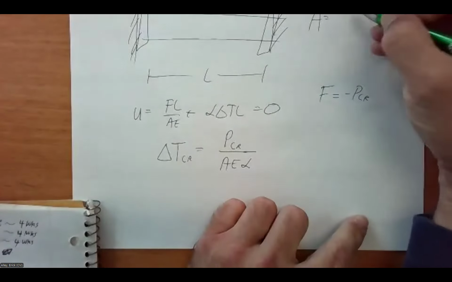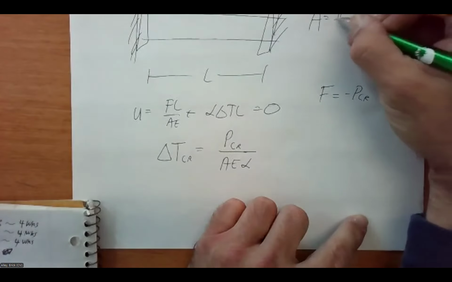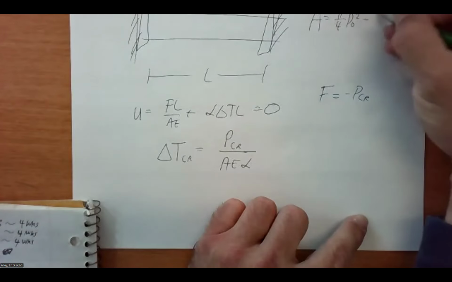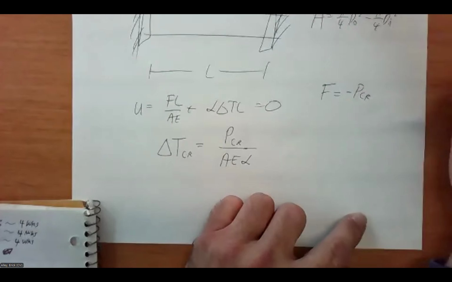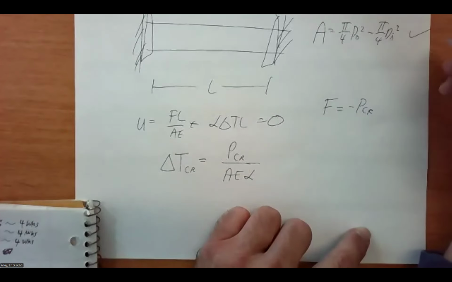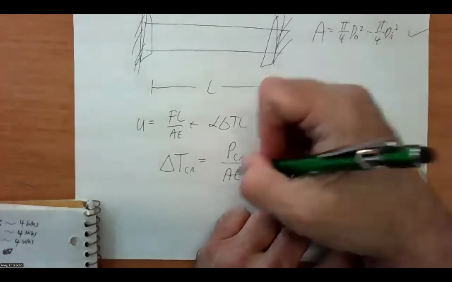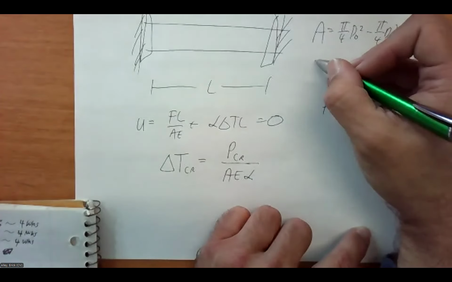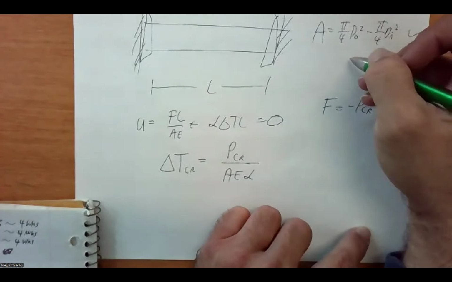For area, I can just take pi over 4 d outer squared minus pi over 4 d inner squared, and I got the thickness and I got the diameter, so I can get that. Okay. For my E, I just got the material property.